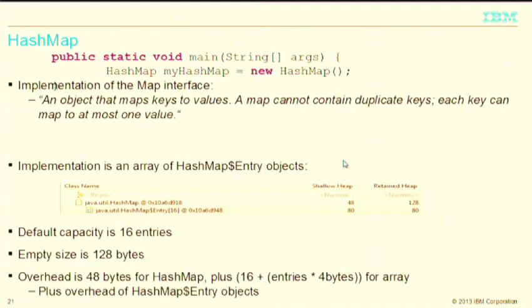Hash map is an implementation of the map interface. So this gives you key value pairs in memory where you can look up a value against a key and it gives you the stored value for it.